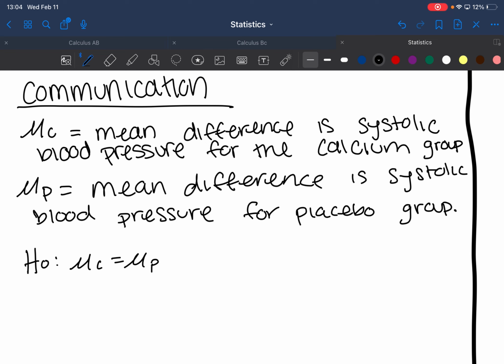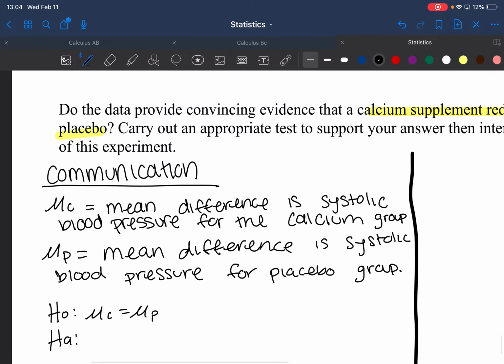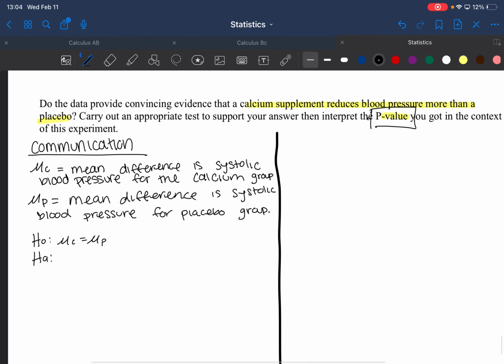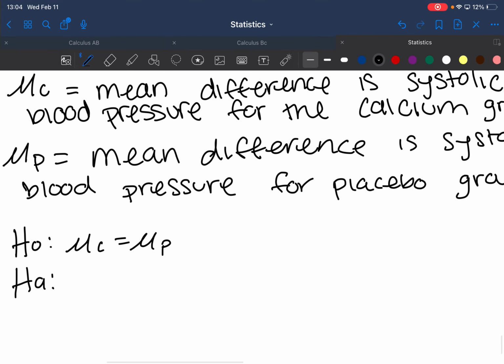So on conditions, I have my random condition. And since it's an experiment, I'm looking for random assignment. And notice in the problem, it says randomly assigned to 2 treatments. Right, the first treatment is the calcium supplement.